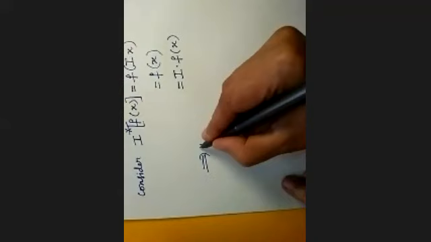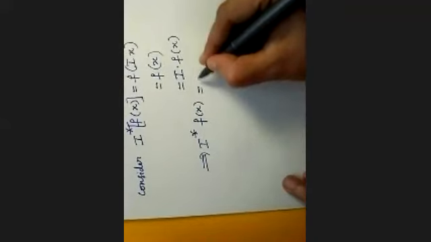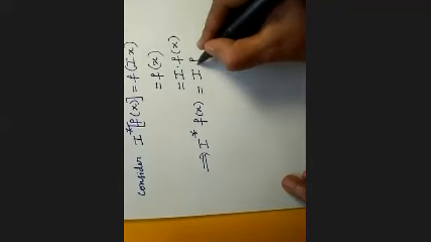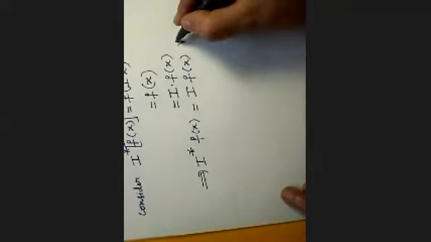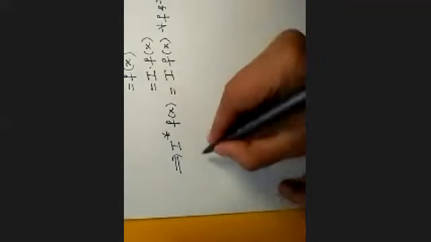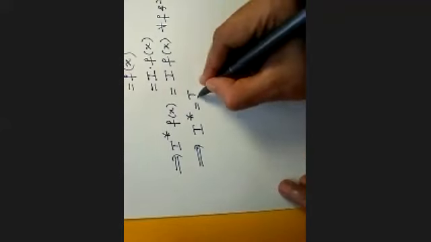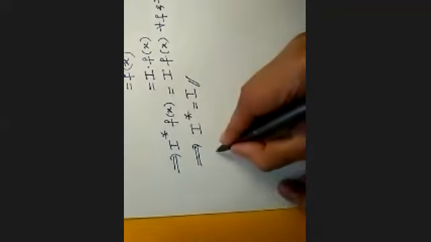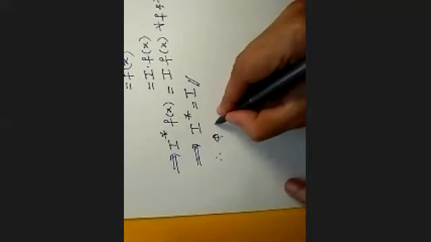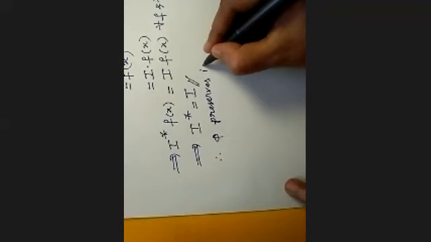So what is our LHS? LHS is I star of f of x, which is equal to I of f of x for all f and for all x. So therefore, I star equals I. So therefore, we proved phi preserves the identity map.